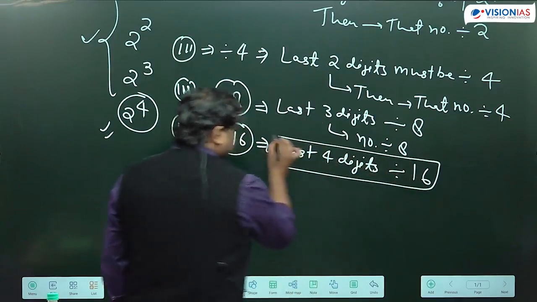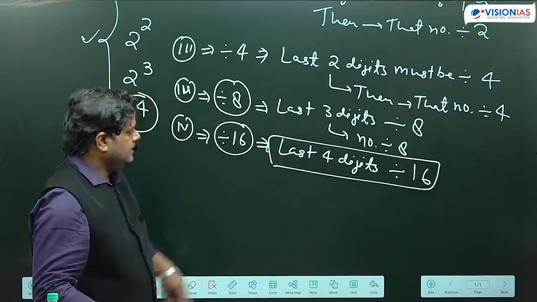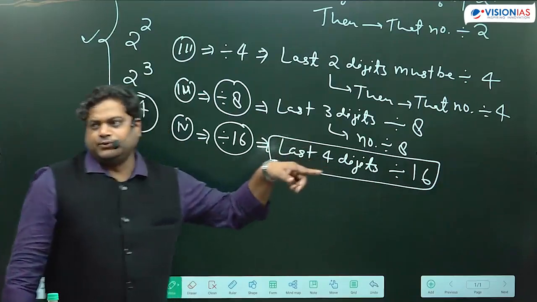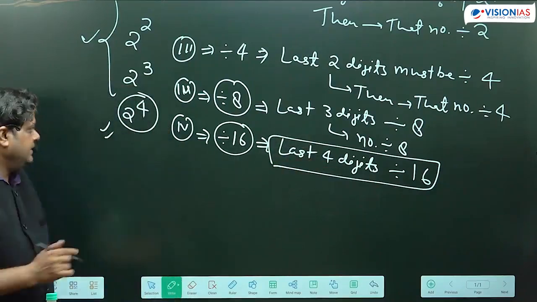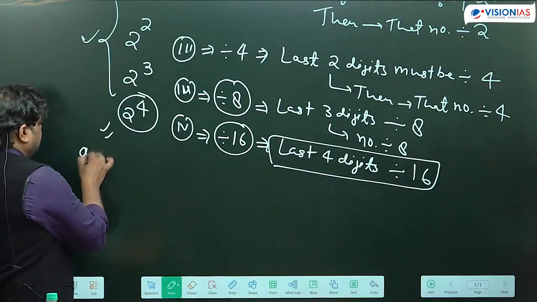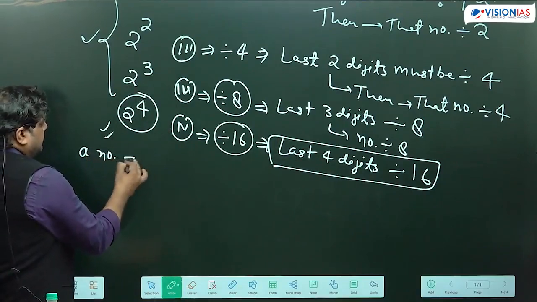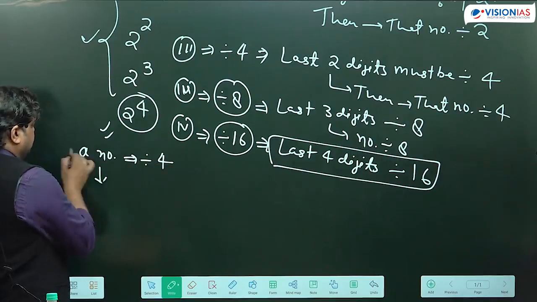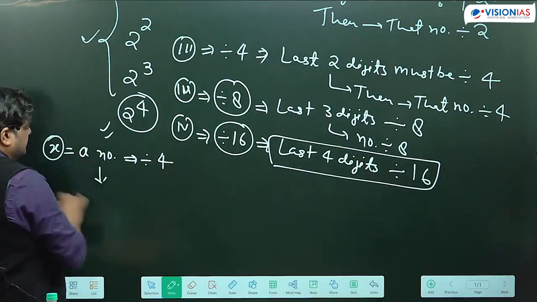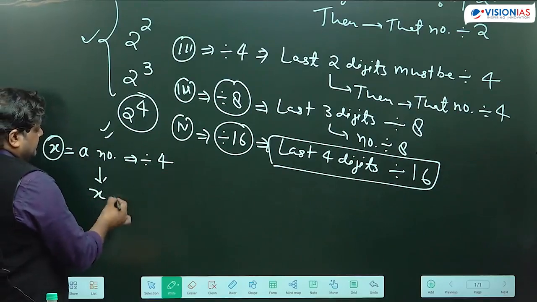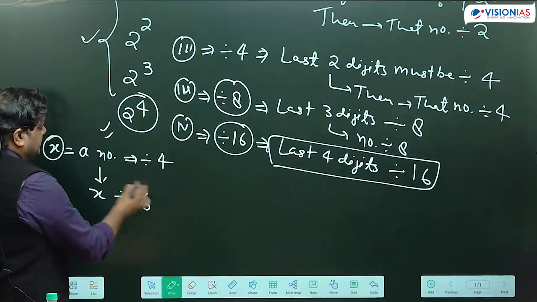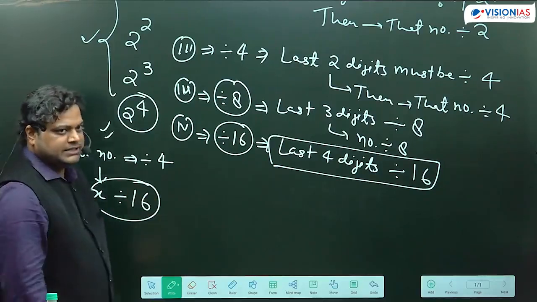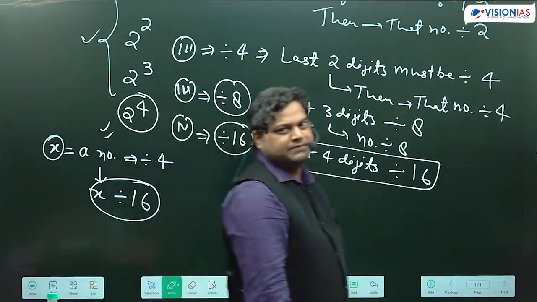अच्छा ऐसा नहीं बोल सकते कि if a number is divisible by 4, if this number is x, so this number x will also be divisible by 16, क्योंकि 16 का factor तो 4 है. फिर क्यों नहीं बोल सकते?